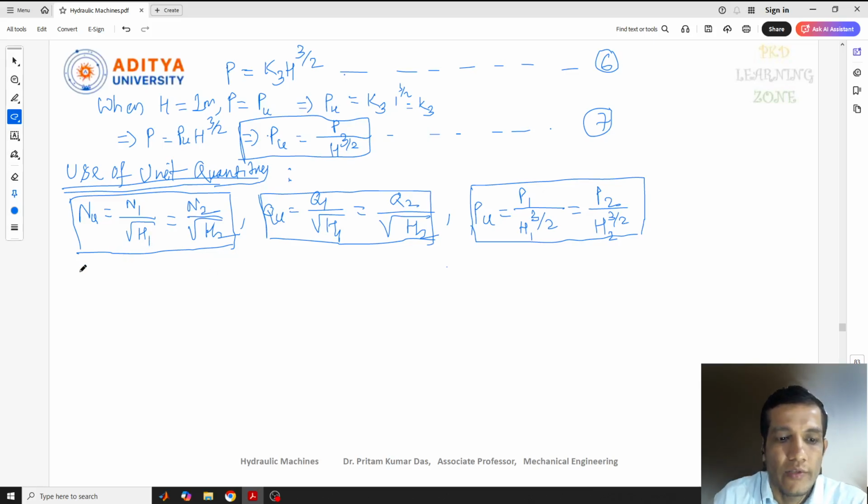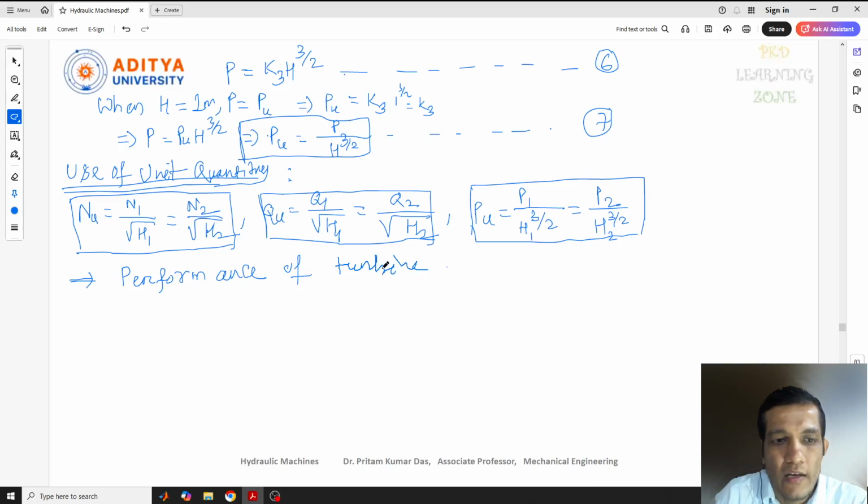These are the terminologies. Let me tell you the conclusion. The overall use of these unit quantities is that we can compare the performance of turbines.